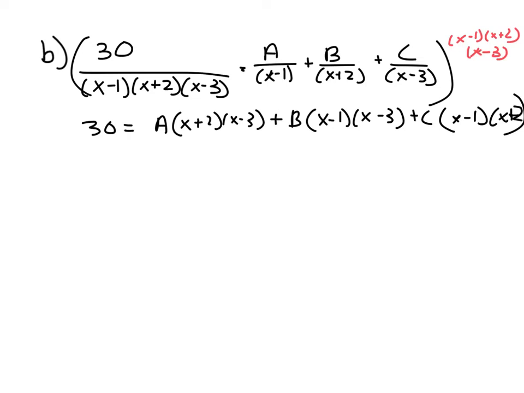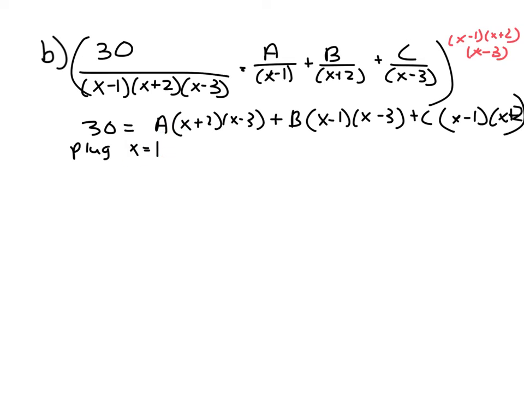Now, you can use a system of linear equations, or you can just plug in certain things. I'm going to go ahead and plug in certain things to get my answers. So I'm going to plug in x equals 1 first, because that will cancel out this term and this term. Okay, so I'll be able to solve for A, right? Because there's x minus 1 and x minus 1.